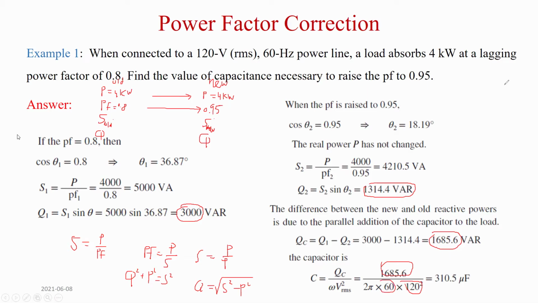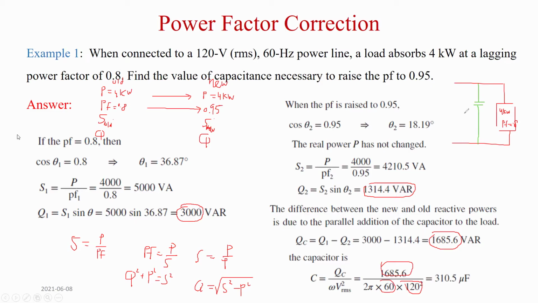So this load, which is the 4 kilowatt, this is the power factor 0.8. If we want to raise the power factor to 0.95, we're going to add a capacitor.